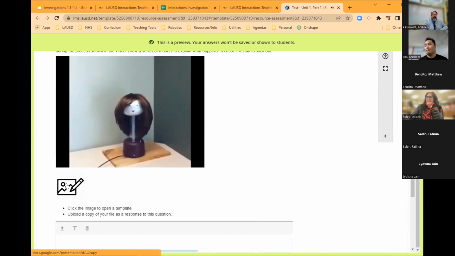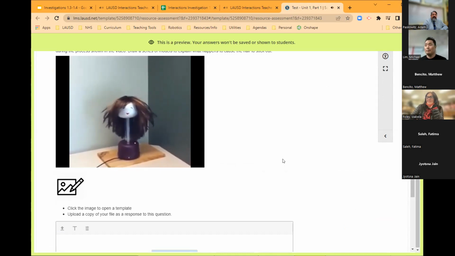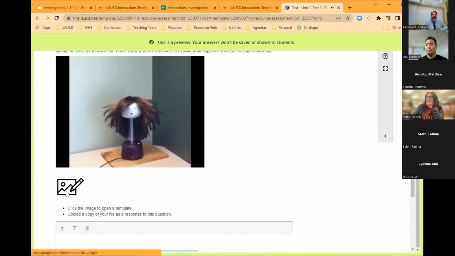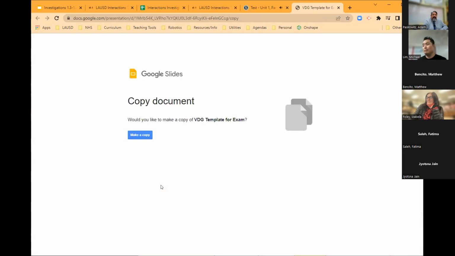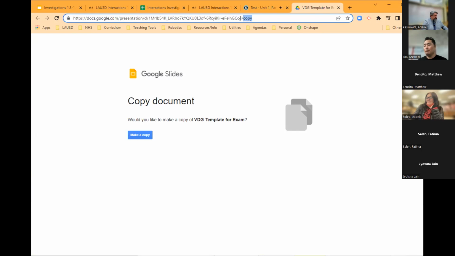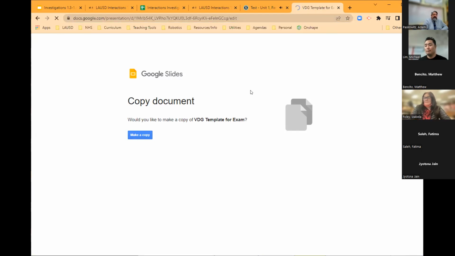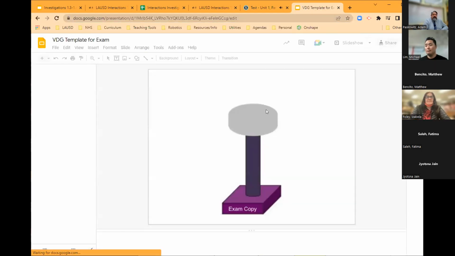And then we have a way for students to draw a model of this. They draw a model of it using Google Drawings. If they click this image, it will open a template on which they can draw a model.